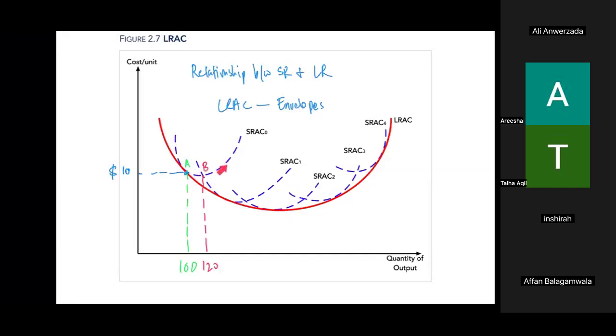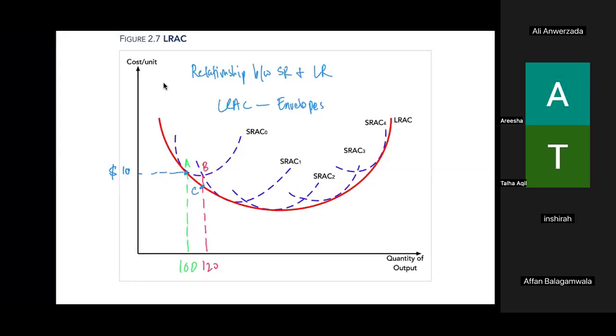I cannot make you 120 units at a cost lower than point B. But in the long run, when all factors of production are available, it is possible that I can be producing at this point C.